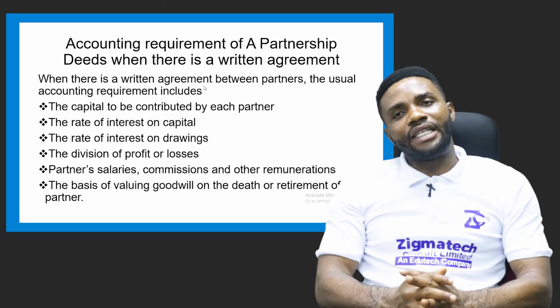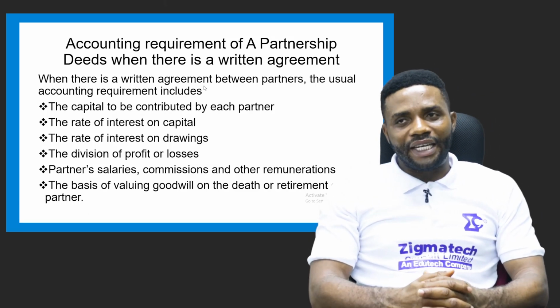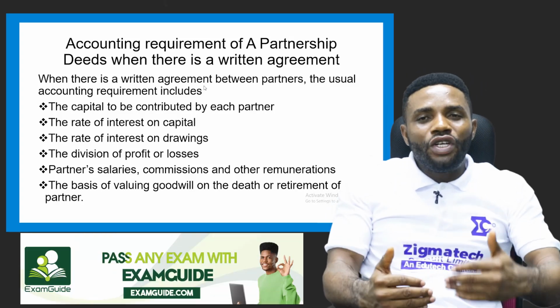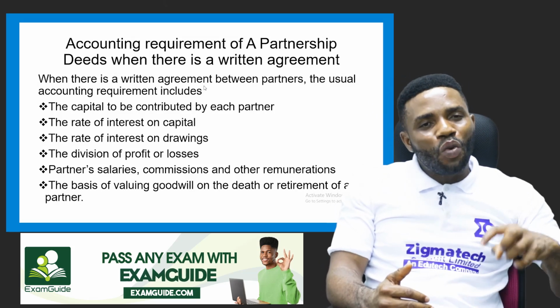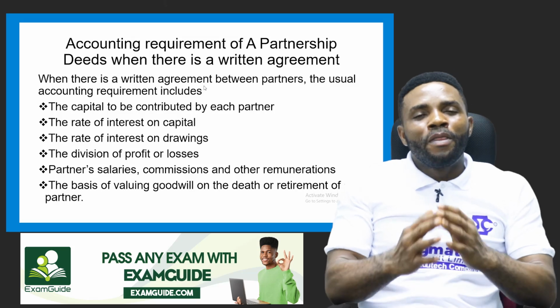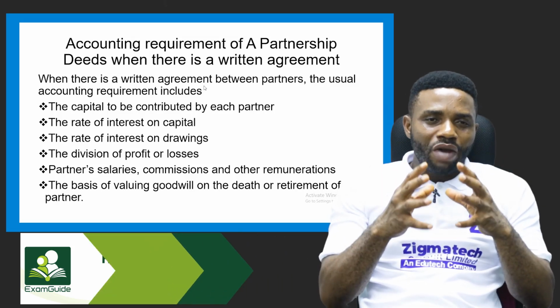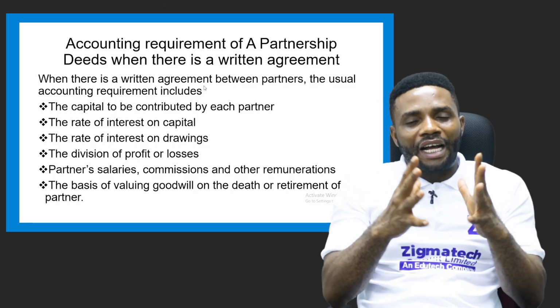Now, let's quickly look at the accounting requirement of a partnership deed when there is a written agreement. We have said that we are going to define what a partnership deed is, and then we will look at the content. There are two basic scenarios where a partnership deed can be formed.